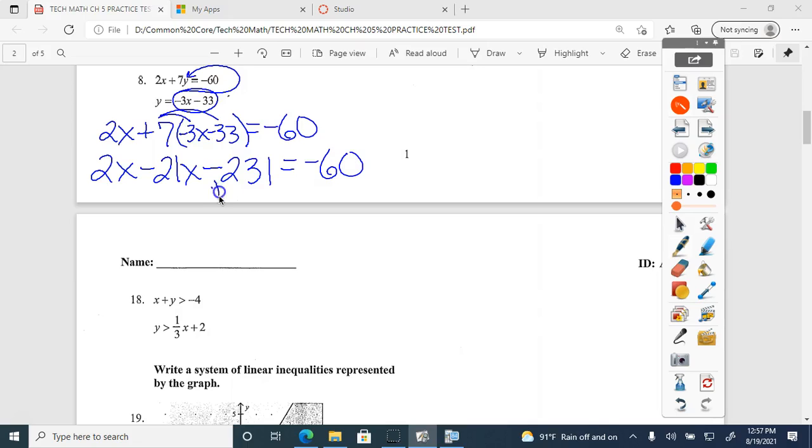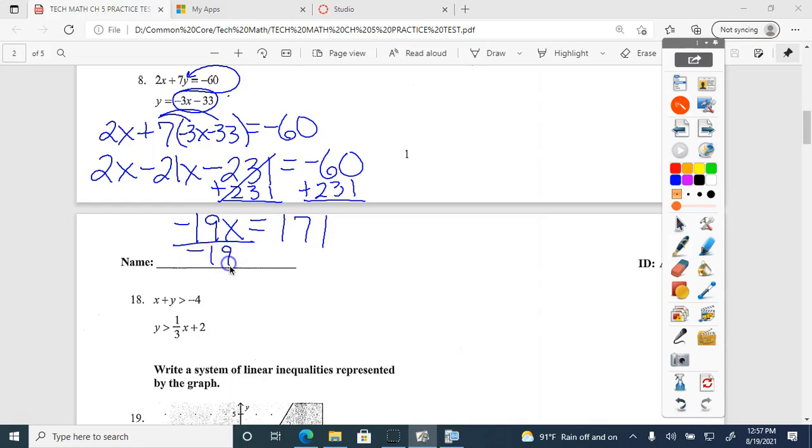So we're going to add this 231 together to move it to the other side. And these two are on the same side, so we just get to combine our like terms. So what's 2x minus 21x? Be -19x equals. Again, I need your help. What's 231? Is that 260? No, 27? No, 171? I think so. 171.